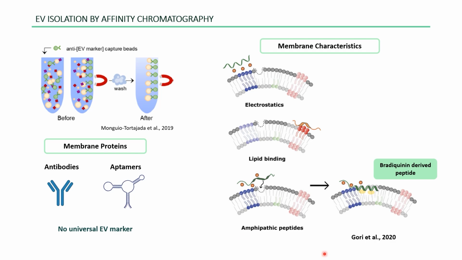So we decided to use the bradykinin-derived peptide that the group of Marina had shown in this paper published in Extracellular Vesicles that can bind to highly curved membranes because it has amphipathic properties that allow the peptide to interact with the phospholipids in the membrane and with the holes that are created when this membrane is highly curved.